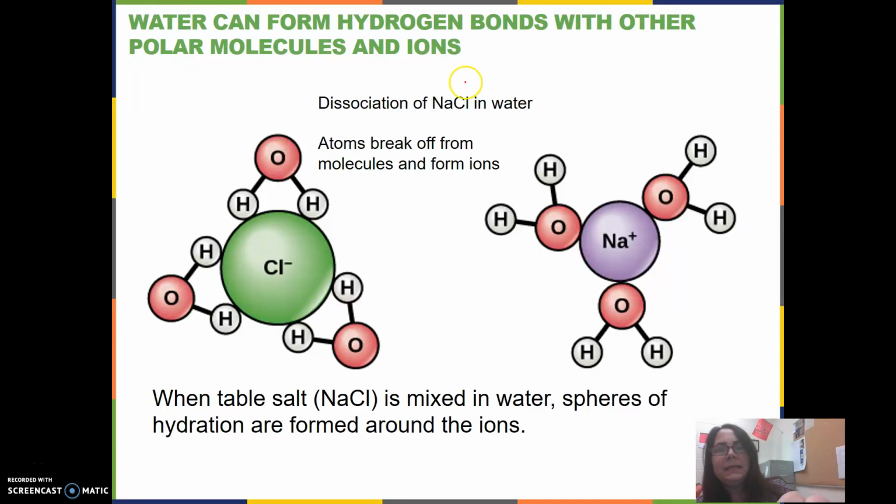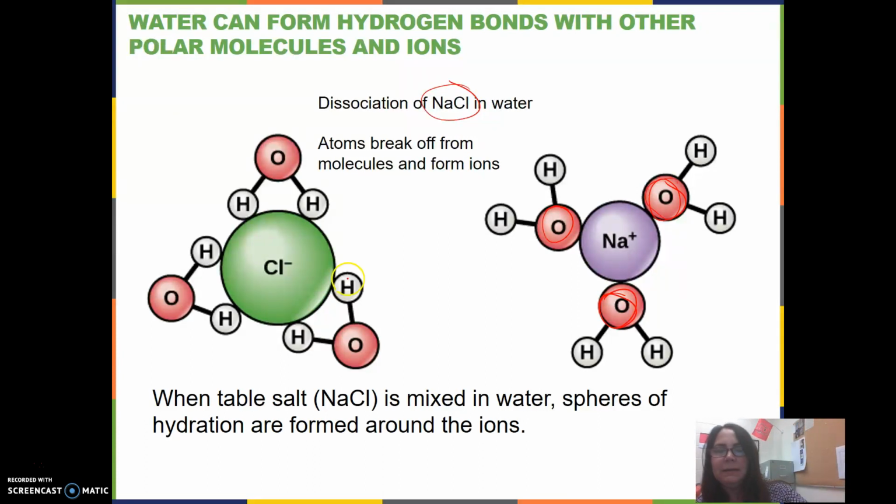When the table salt, sodium chloride, mixes in with the water, the sodium and chlorine atoms form ions, and the sodium ion is positive, so it's attracted to the negative oxygen end of the water, and the water forms a sphere around the sodium and separates it from the chloride ions.